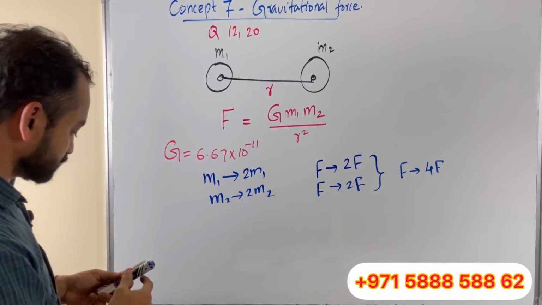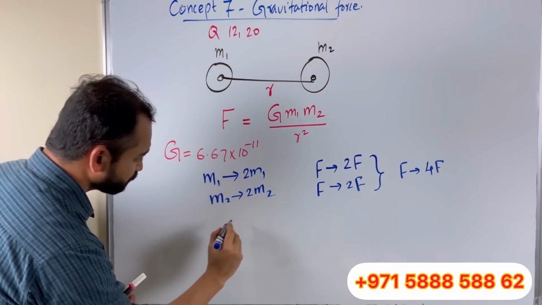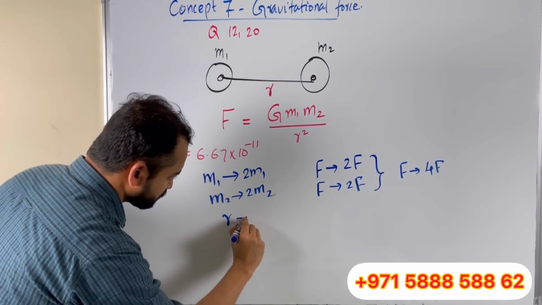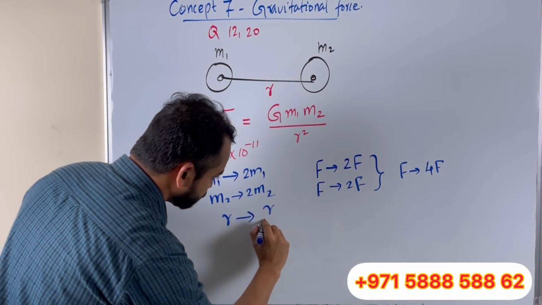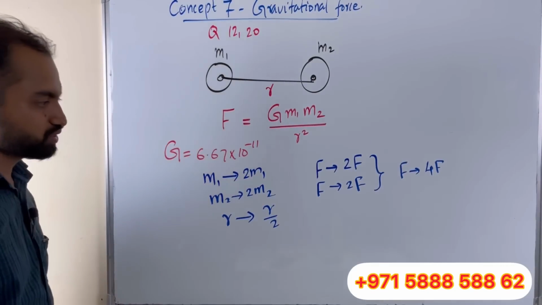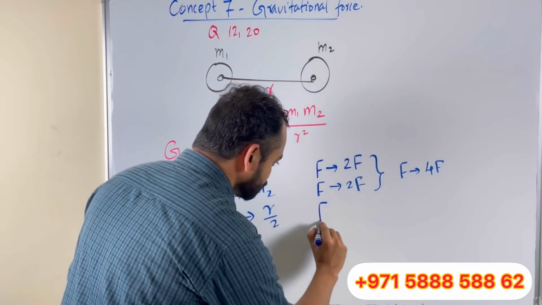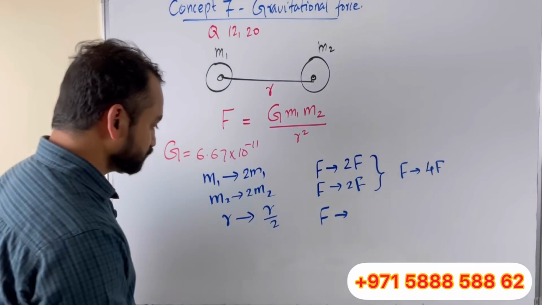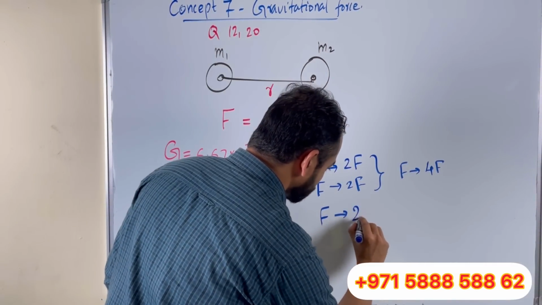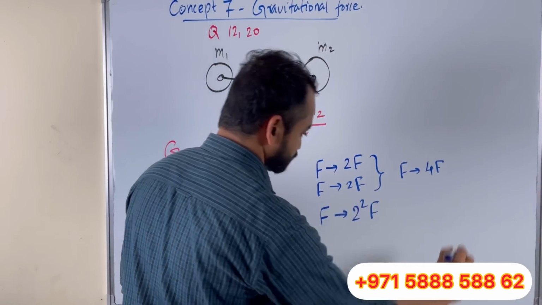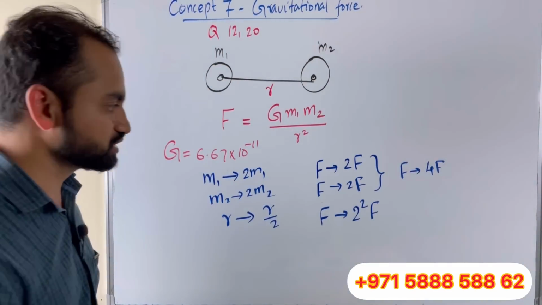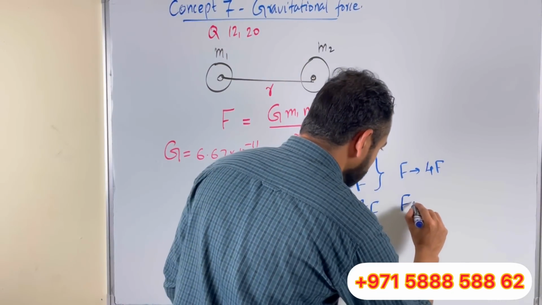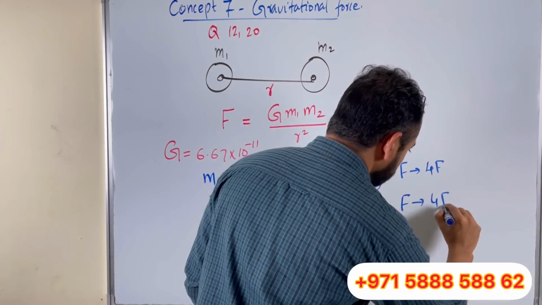So for example, when this r is decreased to r by 2, what happens to the force? How many times will it increase? You can see r is squared, right? So the force will increase by 2 squared F. What is 2 squared? 2 squared is 4, right? So the force will change by 4 times F.